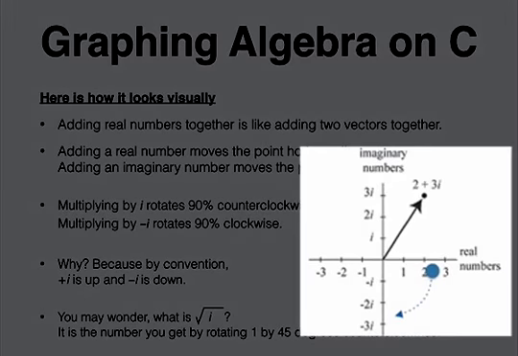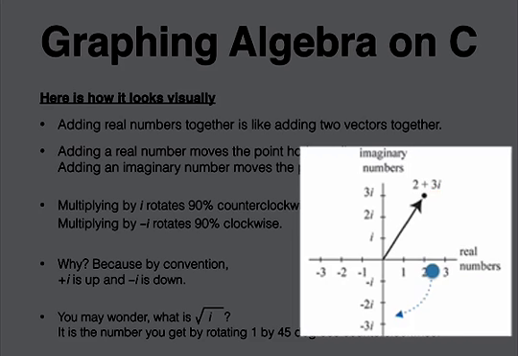So imagine that this arrow is like going to the right by 2 units and then going up by 3 units. That's why that point there has a real part of 2 and an imaginary part of 3. So if we added two complex numbers together, it would be like putting two arrows end to end.